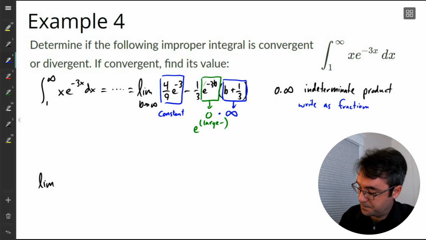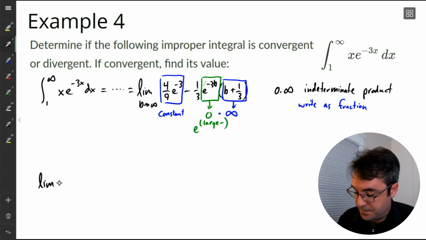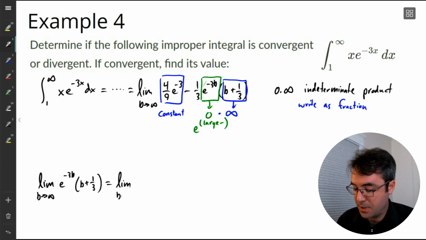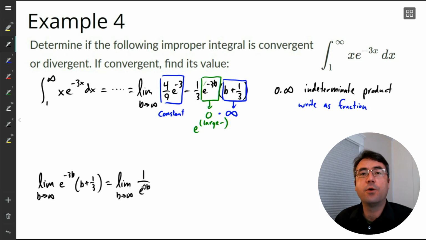All right, so looking at this indeterminate product, we're going to rewrite that exponential as a fraction. It's our usual strategy. So we're going to write this as 1 over e to the 3b.